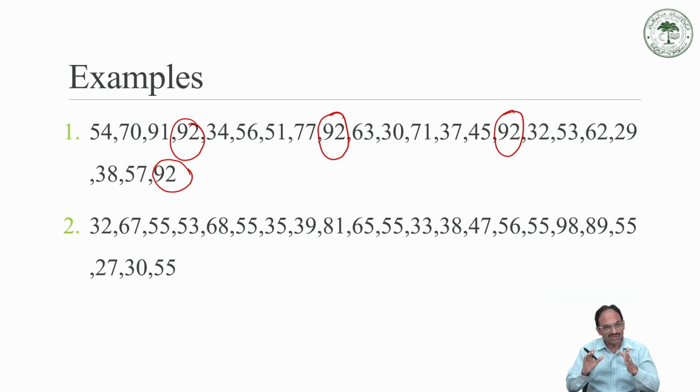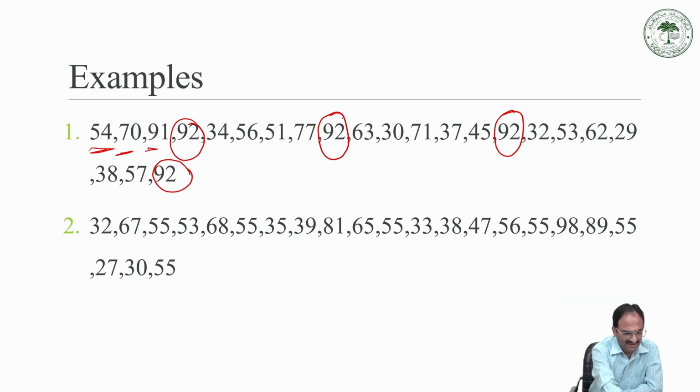Further, you can ensure that there is no other number which is repeating as many times as 92. Suppose 54. If you see, it is only once in the data. There is no other 54. Similarly, if you check 70, you will find there is only one 70 in this whole data set.